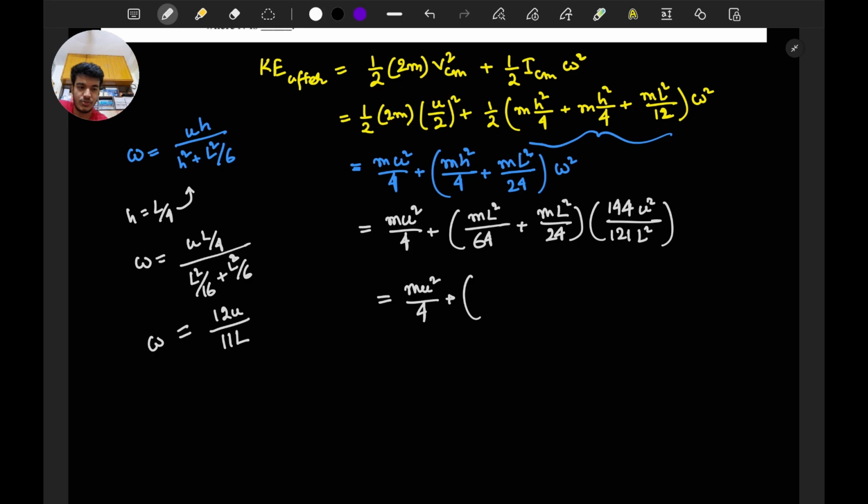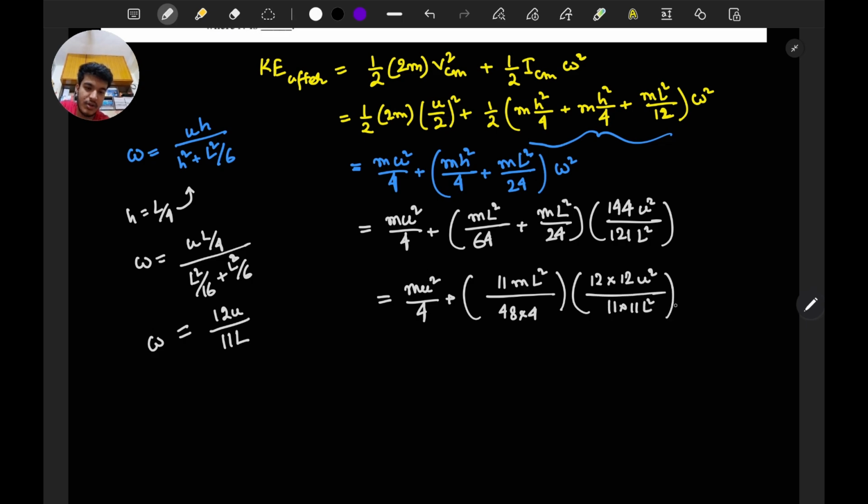So for common term, what should we do? This question is just calculative, nothing else. We can do 48 into 4, so 3 plus 8, it is 11 ml square, and this is 12 into 12 mu square by 11 into 11 L square.